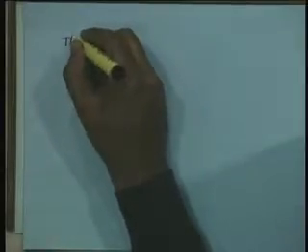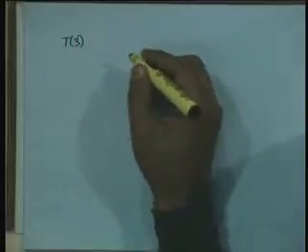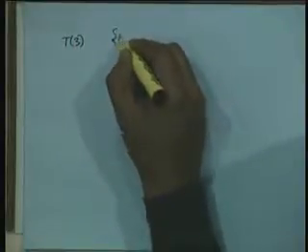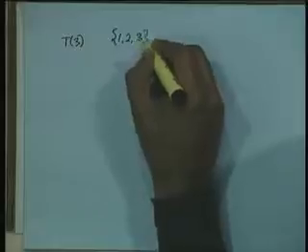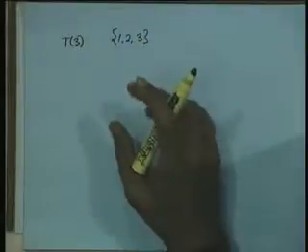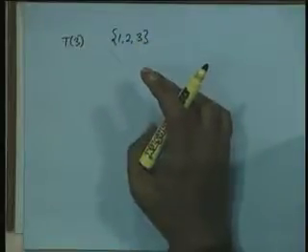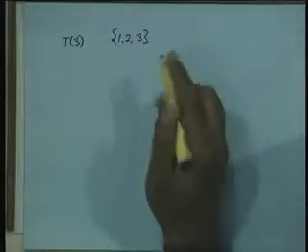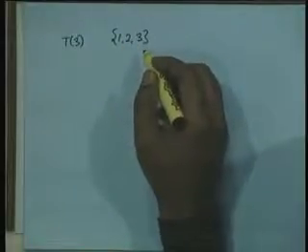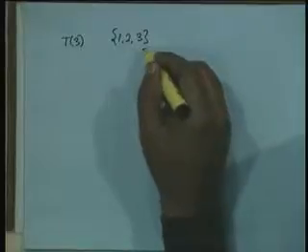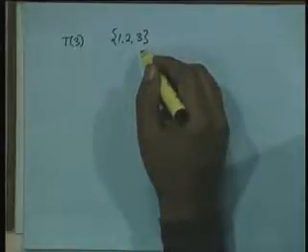See how to compute T3. So, T3 is the expected height of a tree on 3 nodes. So, what are the various possible trees on 3 nodes that we get? So, what are the various permutations of elements 1, 2, 3?